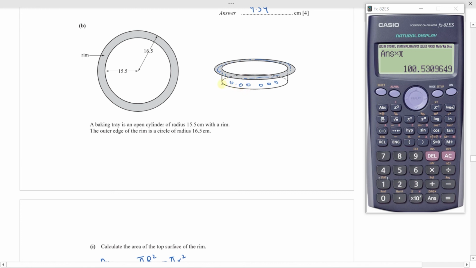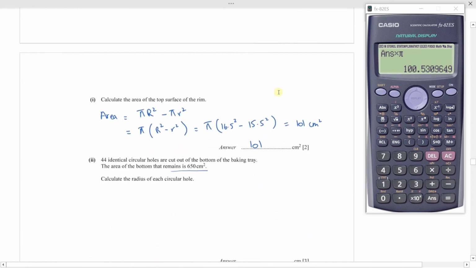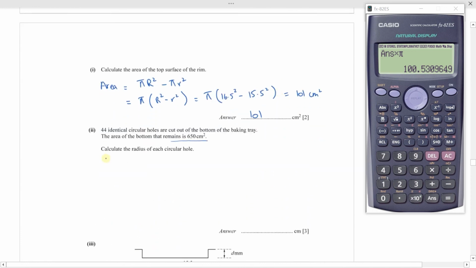So what you can do is calculate the total area of the bottom. The total area of the bottom will be this inner circle area with radius 15.5, and then you can subtract the area of these holes, and that will result in the remaining area, which is 650. So let's first calculate the bottom area. Bottom area of the tray is pi r square, where small r that we took in the previous part is 15.5.